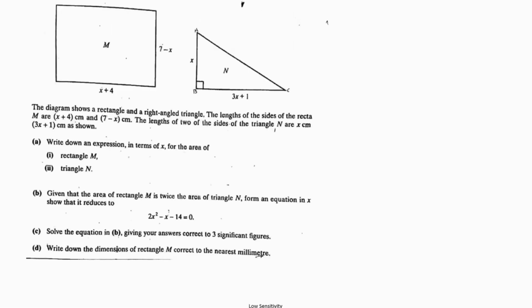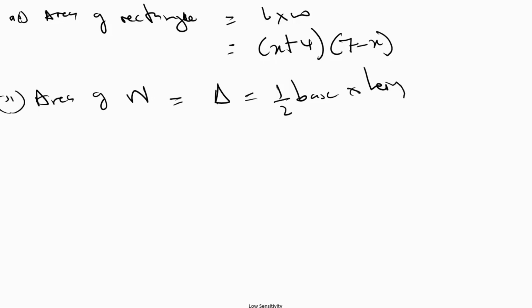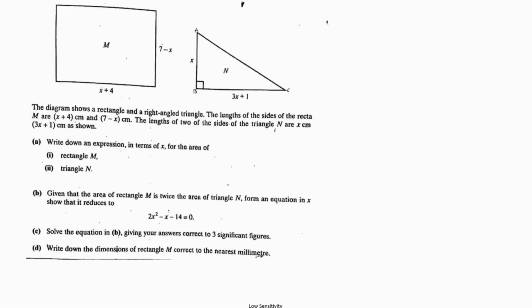And then the second one is the triangle N. So we can say area of N, which is a triangle. We know the area of a triangle is half base times height. So let's go back to our triangle.